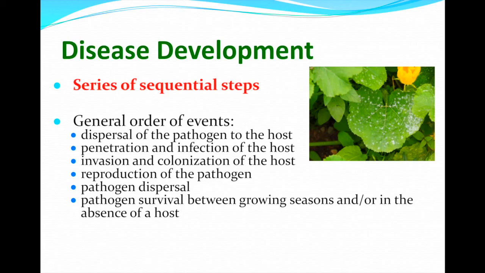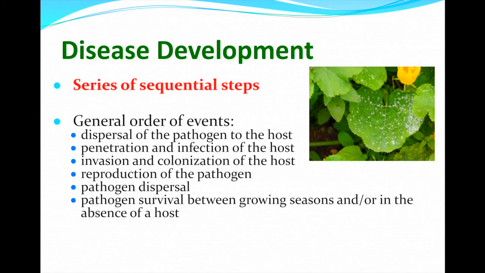So penetration and infection of the host, where the pathogen starts to move throughout host tissues, then it becomes invaded. So you've got the tissue where it originally infected, but once you get a movement outside of that original tissue, kind of like a cancer, if you will, you get an invasion. An invasion of the pathogen and then colonization of the host.